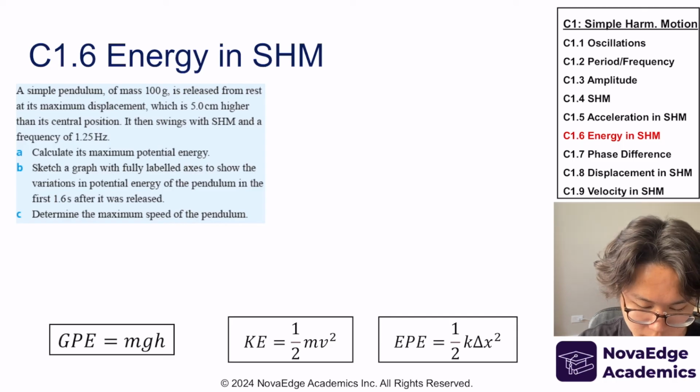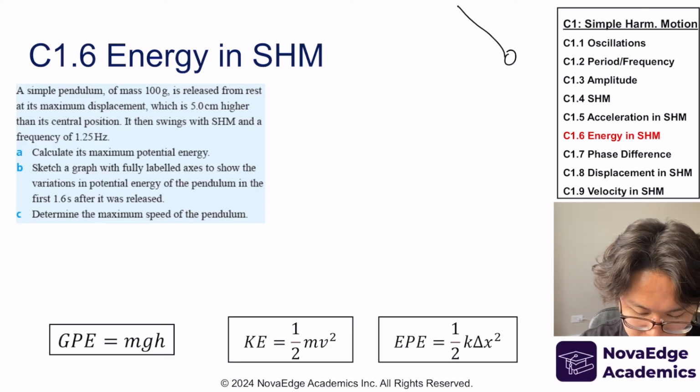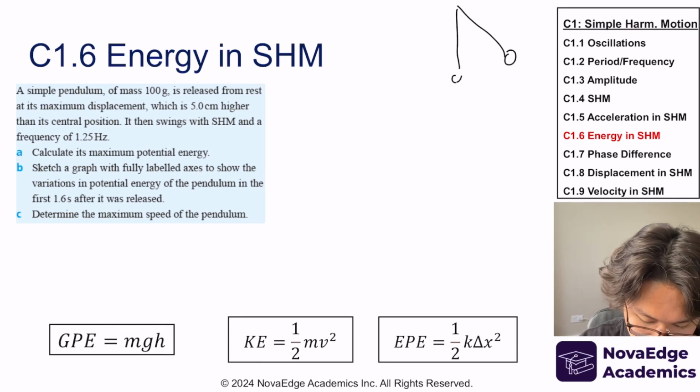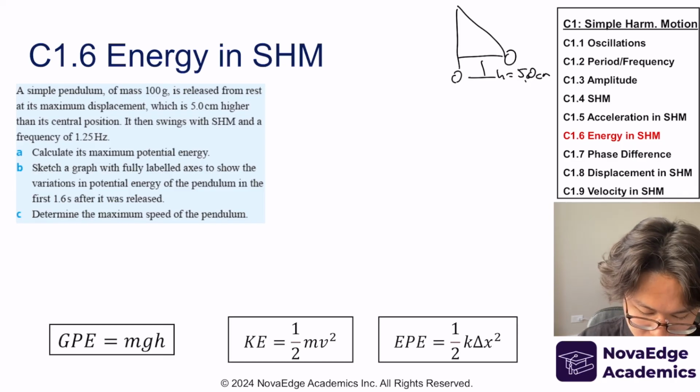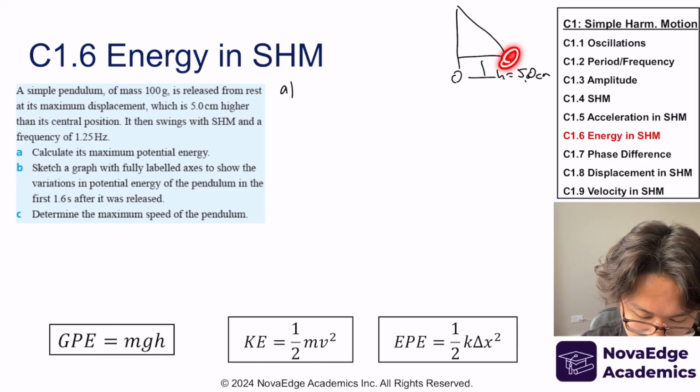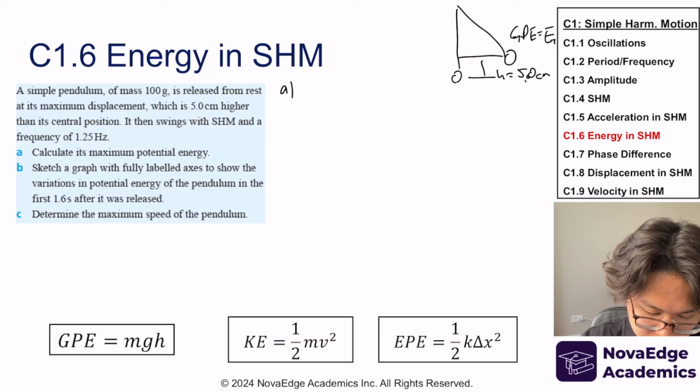Okay, so the pendulum swings from the right and comes back and forth, right? So the middle position will look like this. They're saying the height difference here is 5 centimeters. Okay, so let's do this problem. At the beginning you only have gravitational potential energy, so that's actually the total energy of the system.